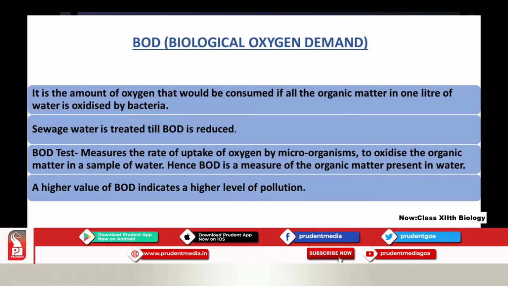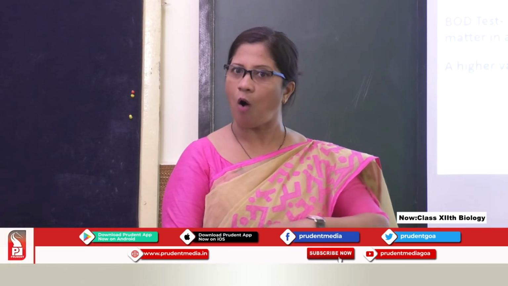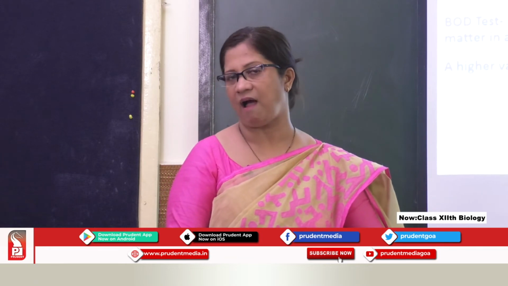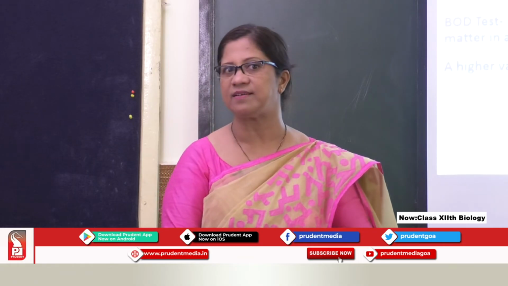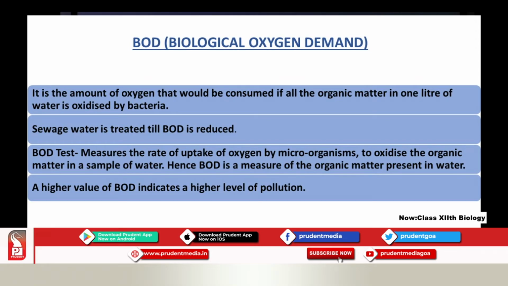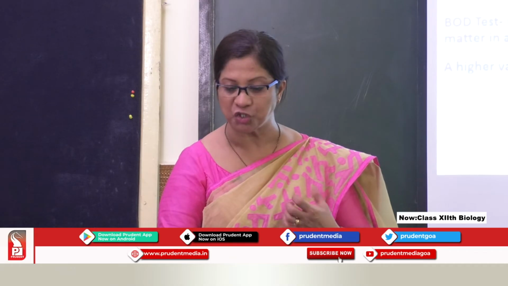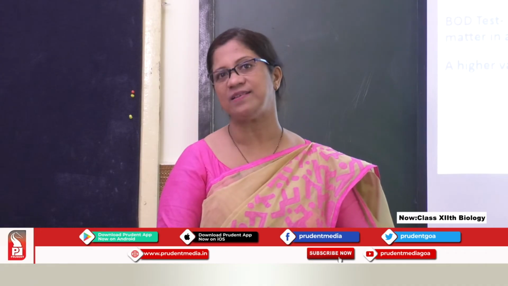So, the organic matter present in the sample of water is disintegrated or totally disintegrated by these bacteria, and when they are doing that, they will consume the oxygen which is present in the water. Understood? So, hence BOD is the measure of the organic matter present in the water. So, how much oxygen is utilized or consumed gives you how much organic matter was present in the effluent or in the water.